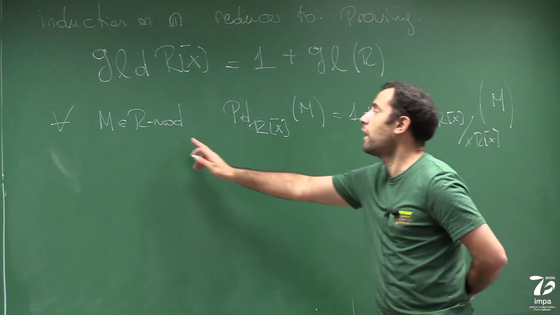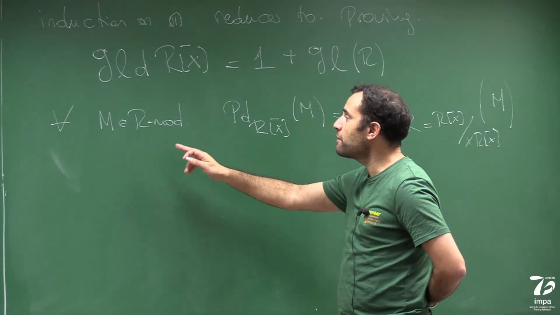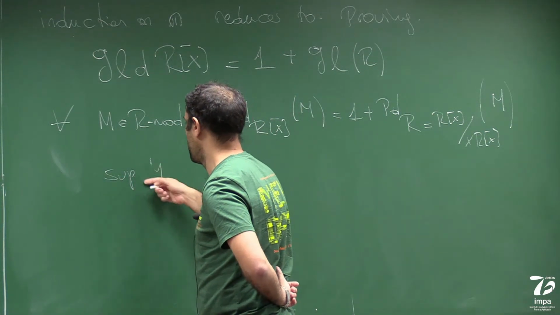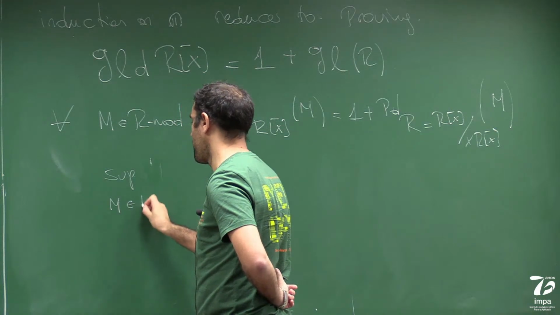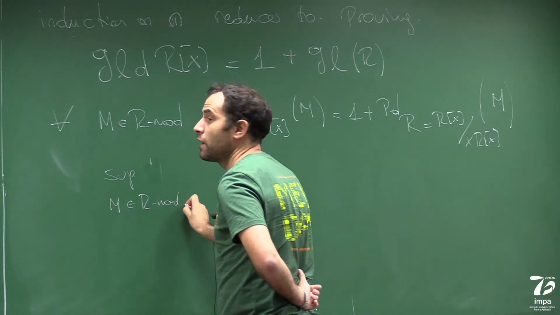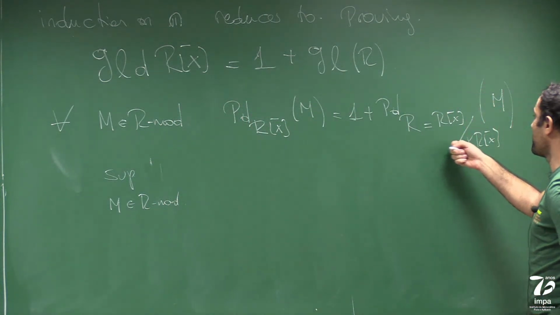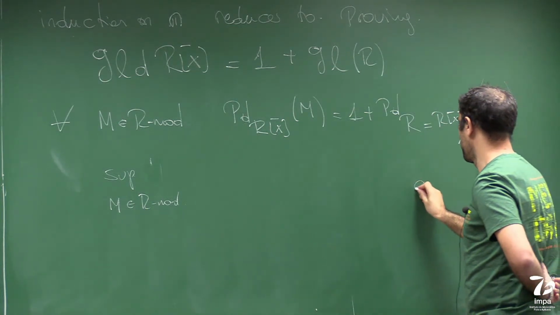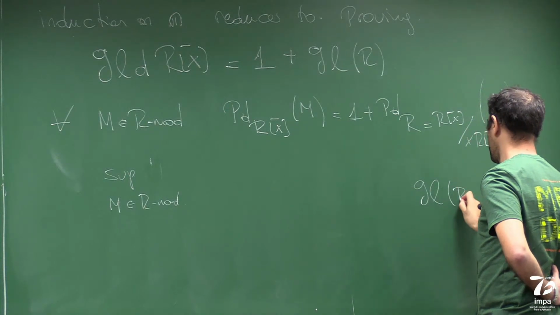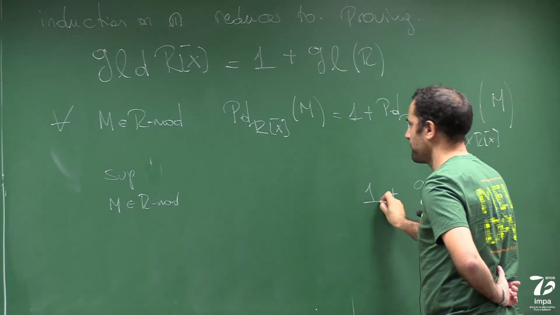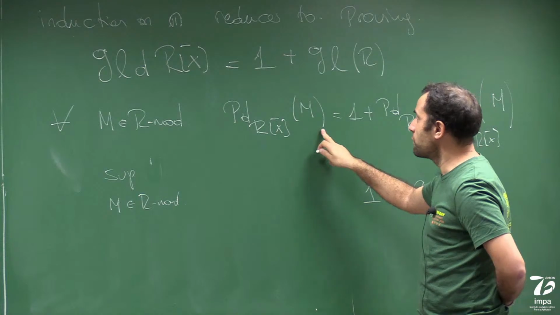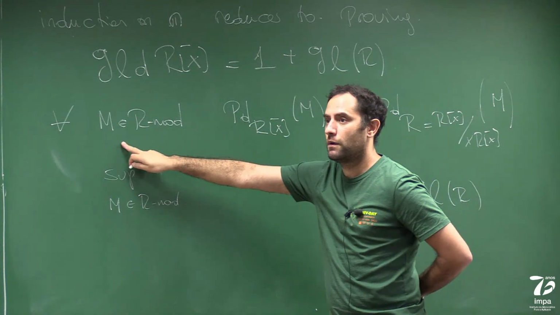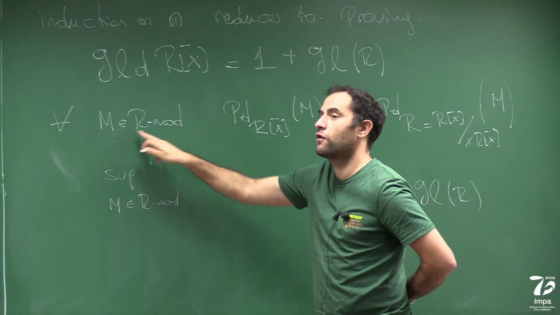And this is over all R modules. So if I take the supremum over M in R modules, well, this thing here, by definition, is going to be the global dimension of the ring R. And here I'm going to be taking a supremum over R[X] modules, but only R[X] modules that are of the form pullbacks or restriction of scalars of R modules.